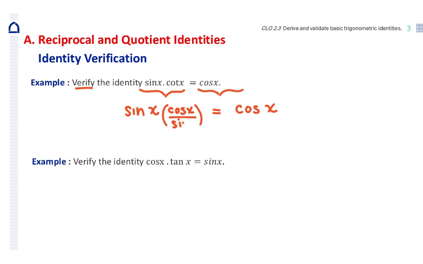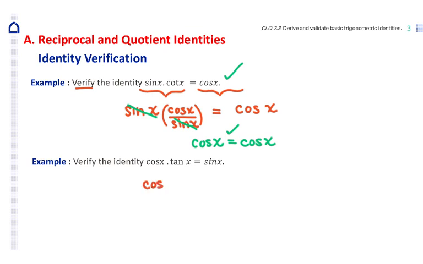You can go back to that previous slide or go back in the video and see that identity. And when you have sine x on top and sine x on the bottom, those will cancel, and we'll be left with the fact that cosine x equals cosine x, which everyone can agree is true, and therefore this identity is also true.